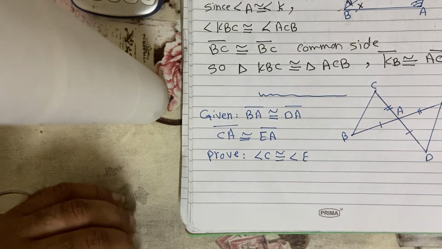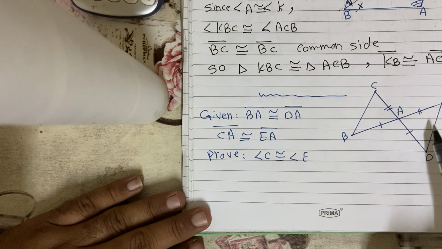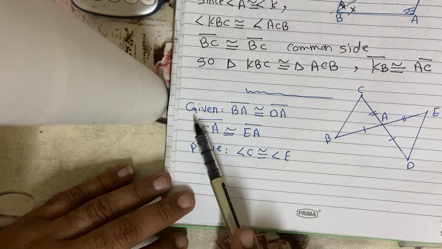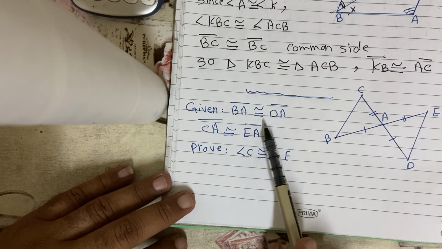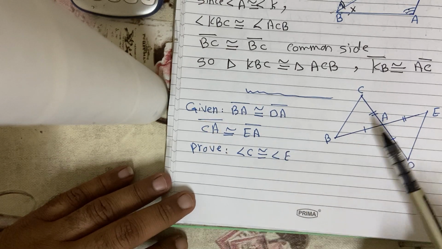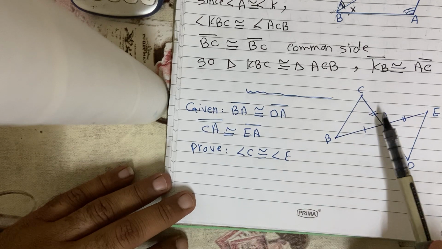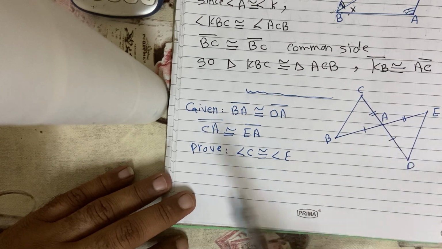Let's see another exercise. Here we have two triangles like that. Our given is BA congruent to DA, CA congruent to EA.